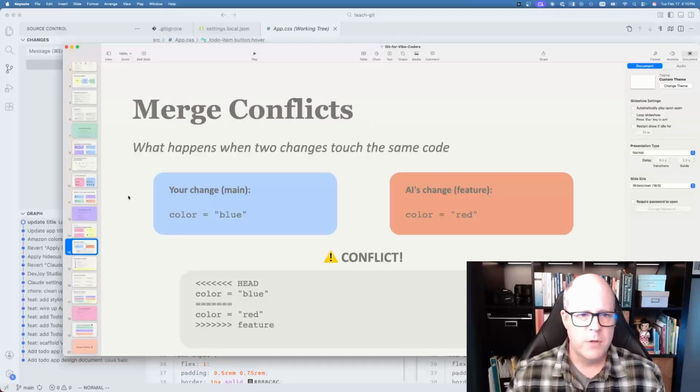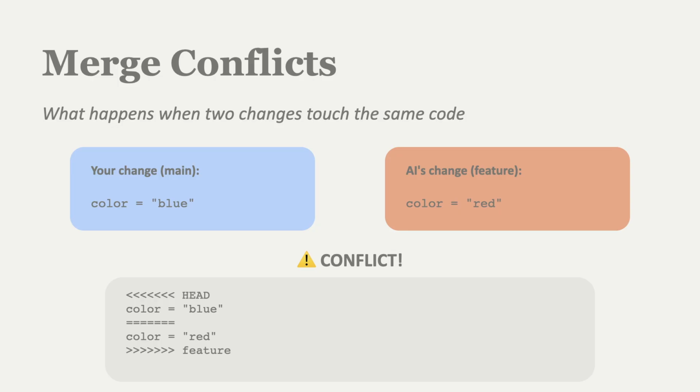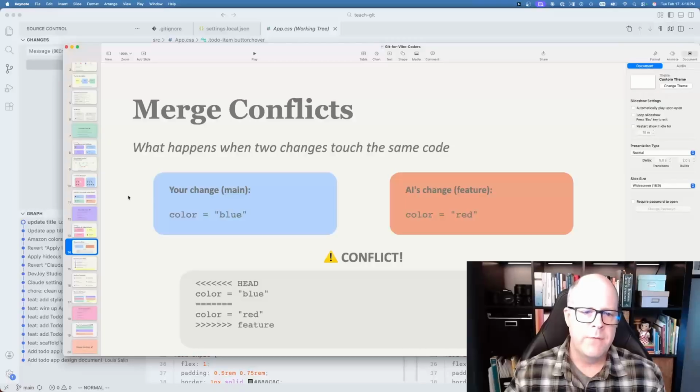Here's an example of a merge conflict. We've been dealing with colors since the beginning of this little series, but if you have color equals blue on your main branch and color equals red in your feature branch, and then you're merging the two, you will get a conflict. Let's be clear here. This is a change that you've made in your main branch and a change that you've made in the feature branch.